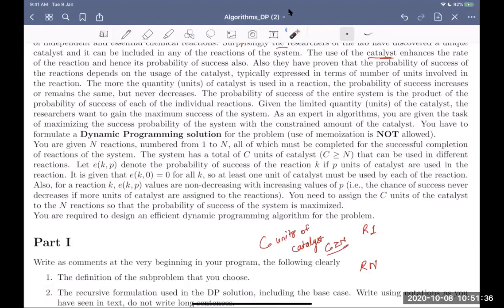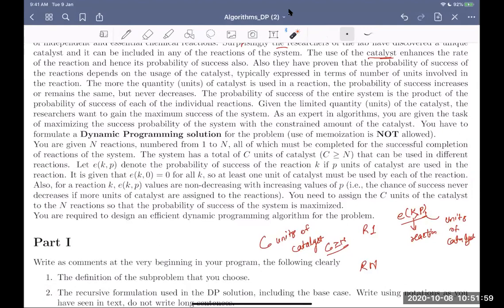The formulation is E_KP, where K is the reaction and P is the units of catalyst. So it tells you the probability of success of reaction K if P units of catalyst are used.